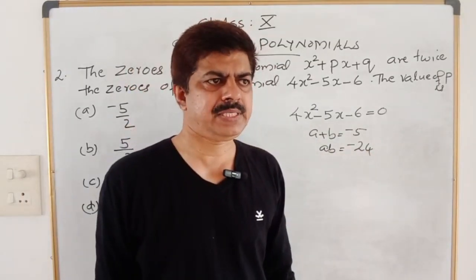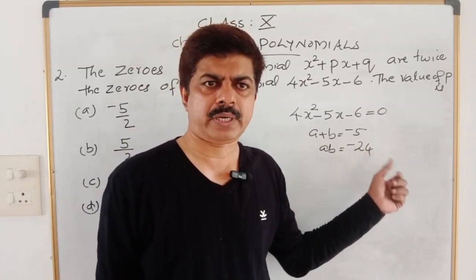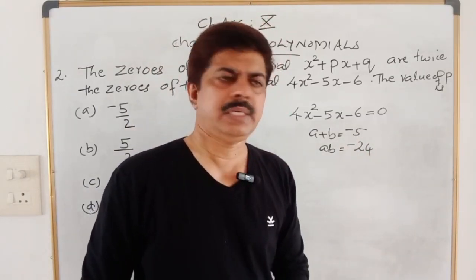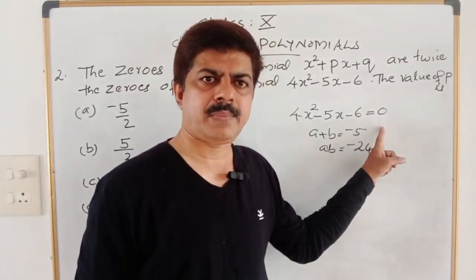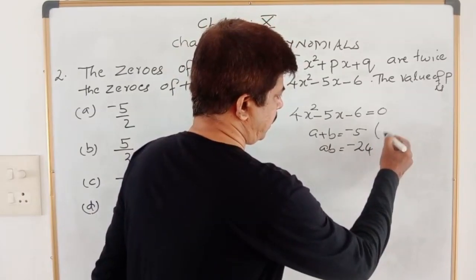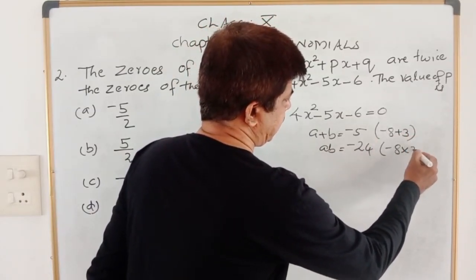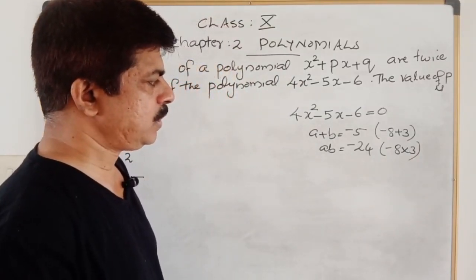Students, think of two numbers whose sum is negative 5 and product is negative 24. Yes, we got the two numbers negative 8 and positive 3. Their sum will give you negative 5 and their product will give you negative 24.